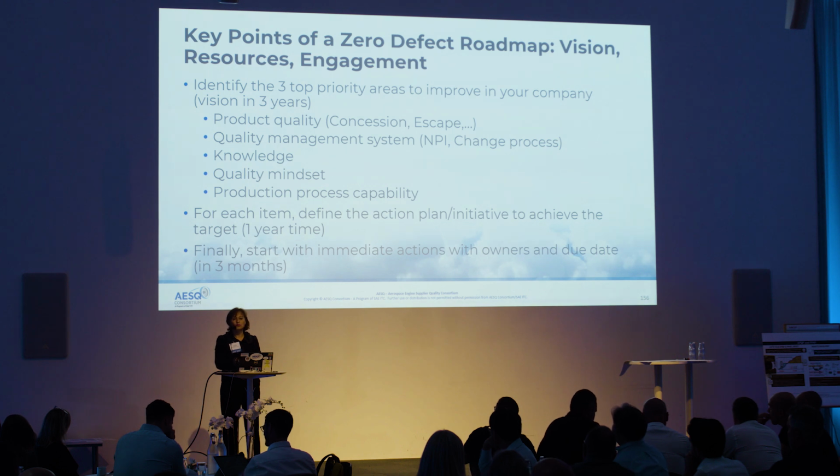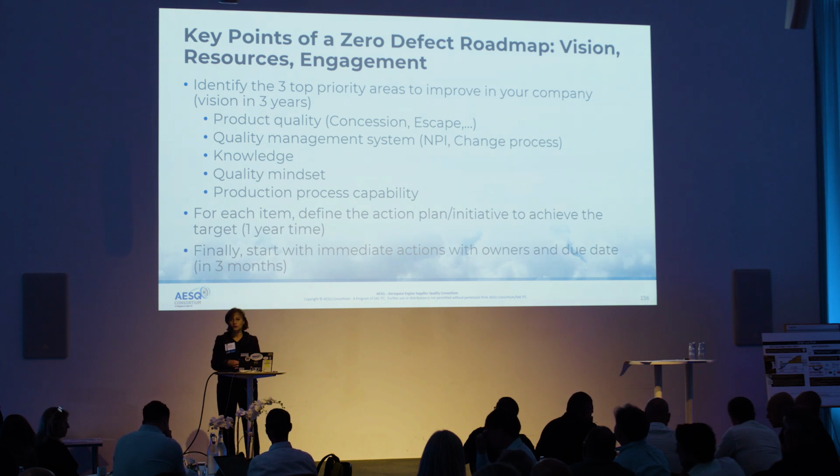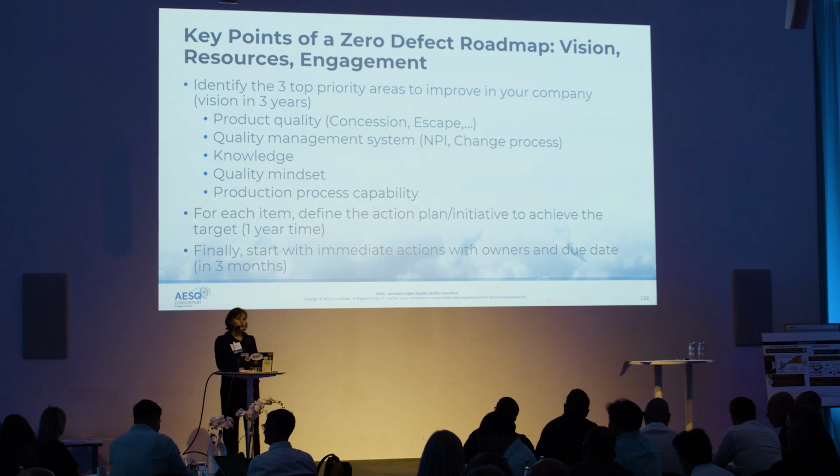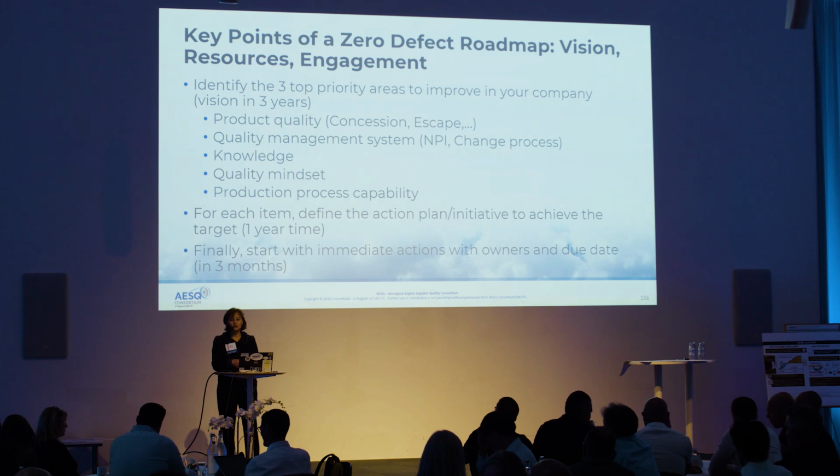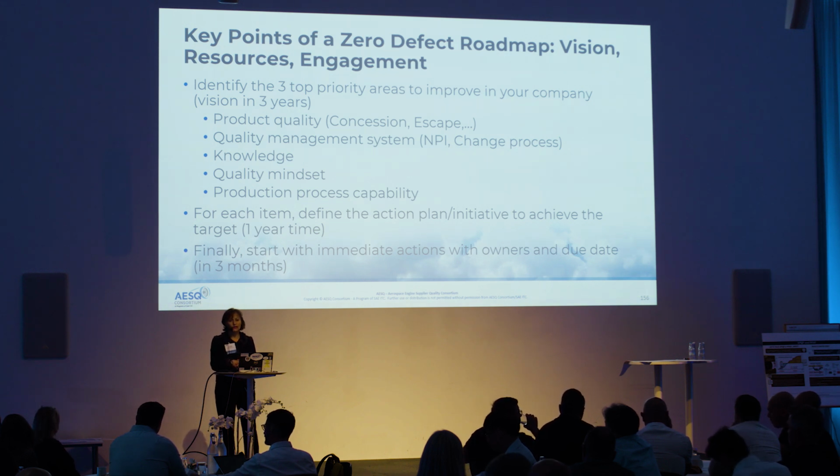So what about the product quality? You manufacture parts. Are your customers satisfied about the product quality? You have all the data, the metrics, the scorecards. Do you believe that there is too much escape, too much concession? You need to figure out if it is satisfactory.